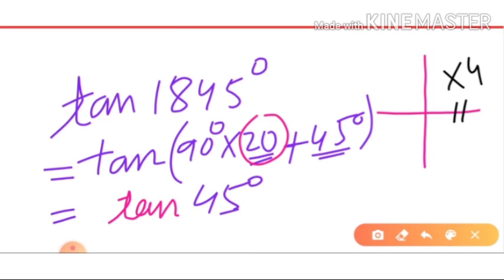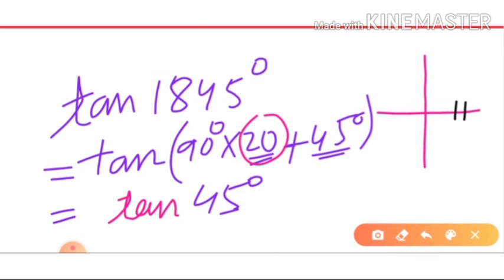So we have to check, we have to divide by 4. Now here we have 20, so 20 is a multiple of 4, so it will be here. 90 into 20 means it will be here.